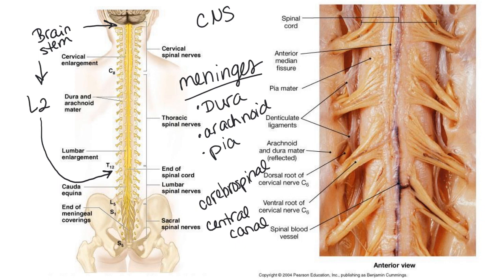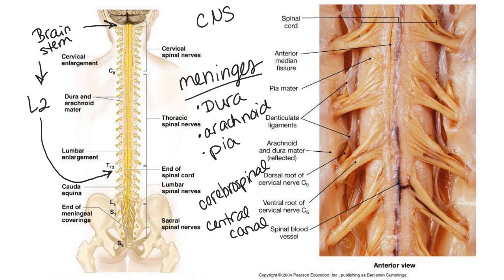And so the spinal cord has that subarachnoid space as well. And so the cerebral spinal fluid will circulate through that subarachnoid space, as well as down through the middle through that central canal. Cerebral spinal fluid for the spinal cord does the same thing that it did for the brain. It is going to give it some nutrition and it's going to offer some protection.